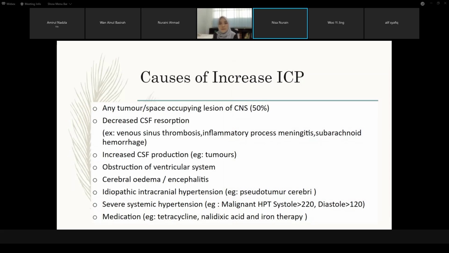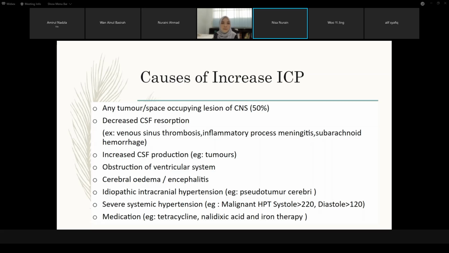So for the causes of increased intracranial pressure, first is any tumor or space occupying lesion of the central nervous system, and then decreased cerebrospinal fluid resorption, for example, venous sinus thrombosis, inflammatory process like meningitis, and subarachnoid hemorrhage.